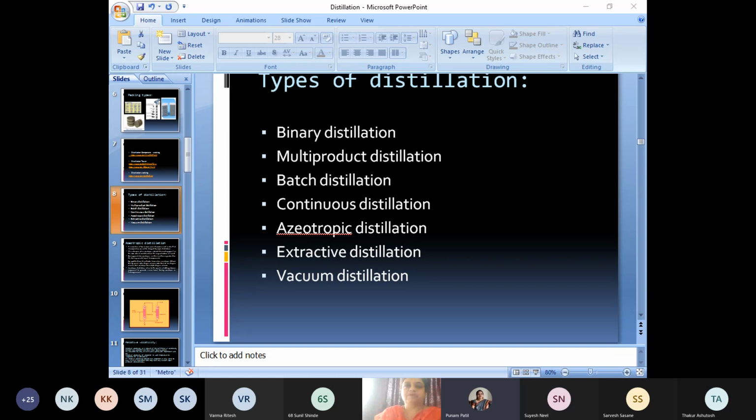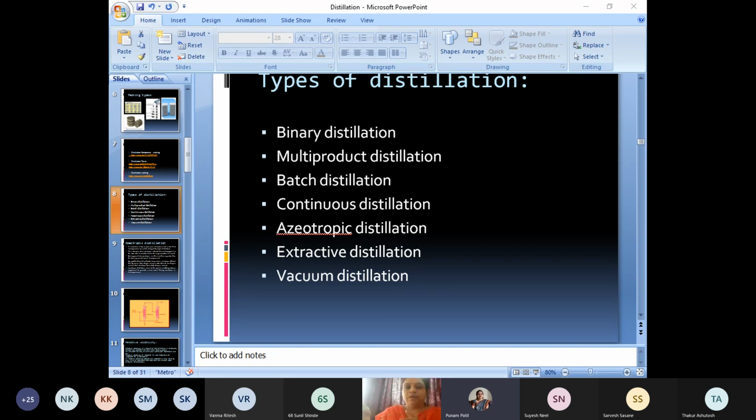In oil refineries, a distillation tower is there, and we are getting multi-product out of that. Then batch distillation and continuous distillation are the types depending on how the distillation process is carried out. If a particular batch is added in the distillation, that is some quantity of the feed is added, it is separated, and then the next batch is added, it is called batch distillation.